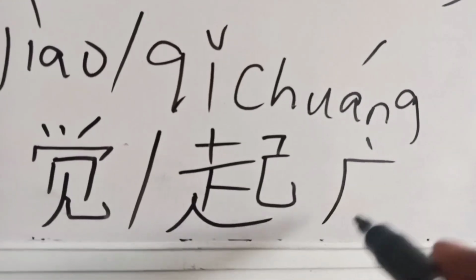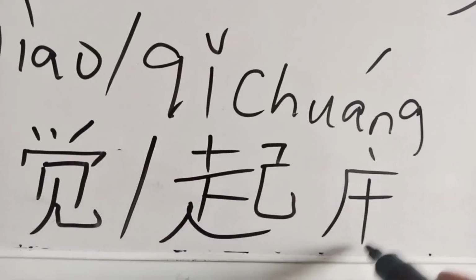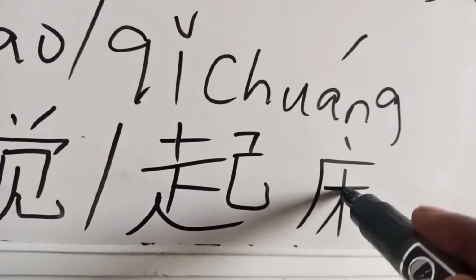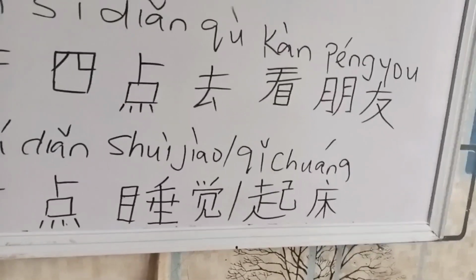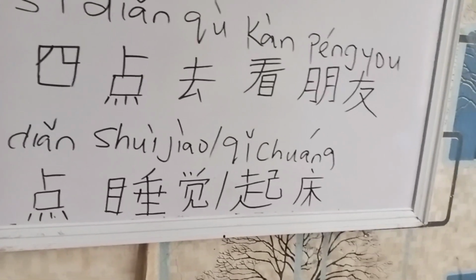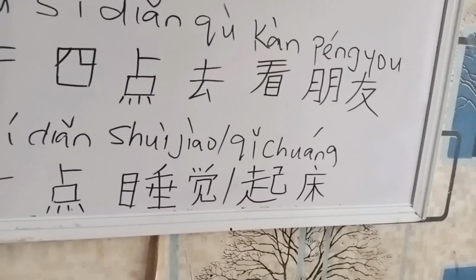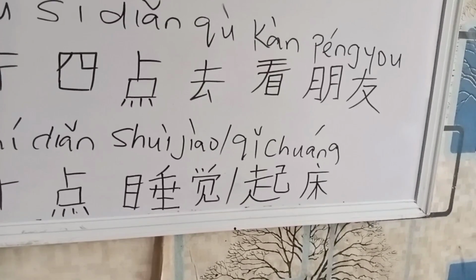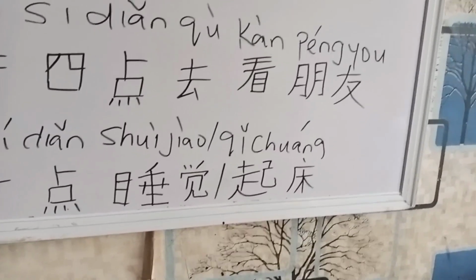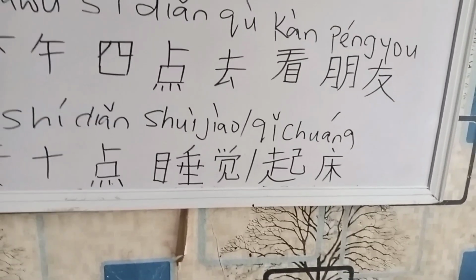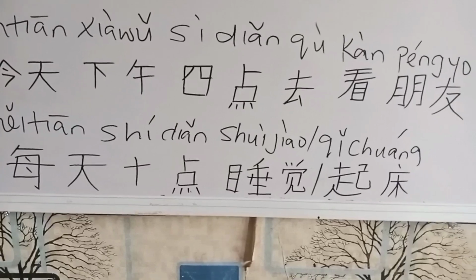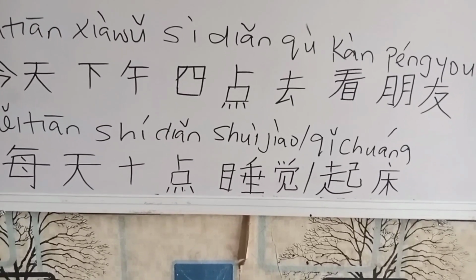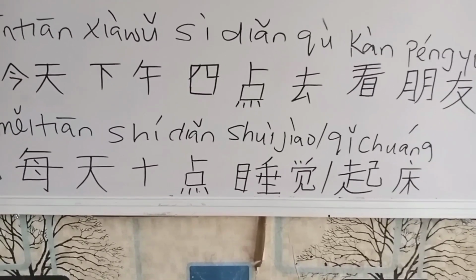This is 起床. 睡觉 is to go to bed. 起床 is to get up from bed. 你几点起床? I am asking you, what time do you get up from bed? 你几点睡觉? 你昨天几点睡觉? Yesterday, what time did you go to bed? 你今天几点起床? What time did you get up from bed today?